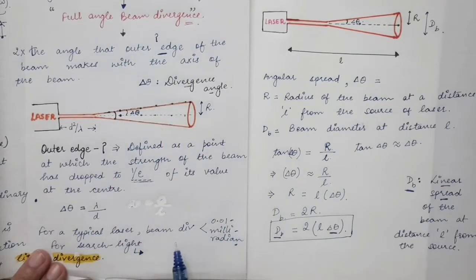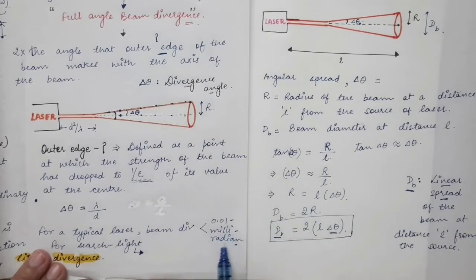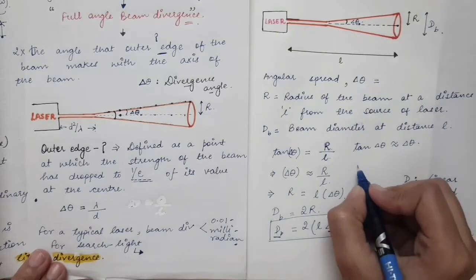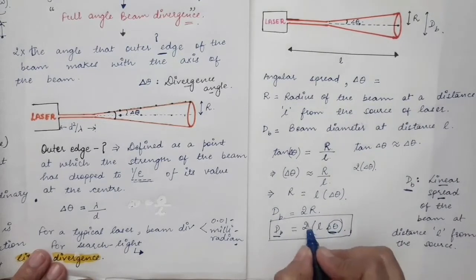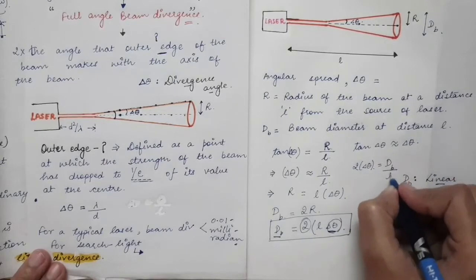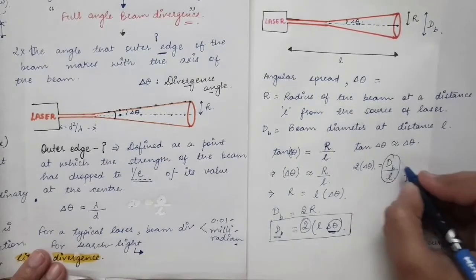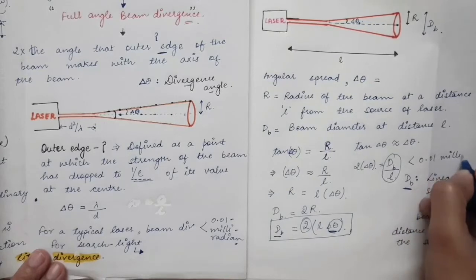For the case of laser, this angle comes out to be less than 0.01 milliradians. So what is this beam divergence angle? It is twice of delta theta. So twice of delta theta will be equal to dB divided by L, and this comes out to be less than 0.01 milliradians.